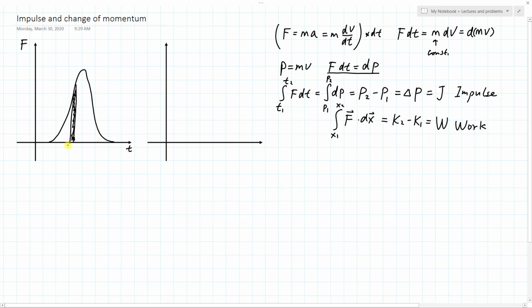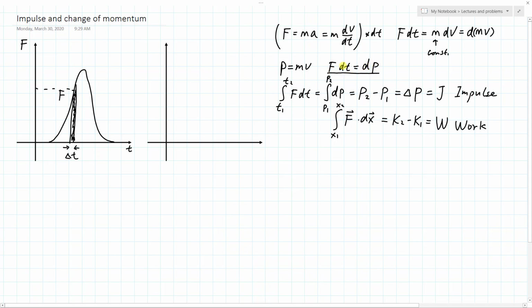All right. So the small slice has a delta t and has an average force right here, F. So if you multiply delta t with F, that gets you this area, right? And back here, delta t times F gives you the impulse or change of momentum.